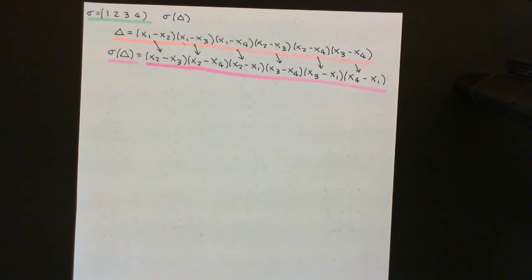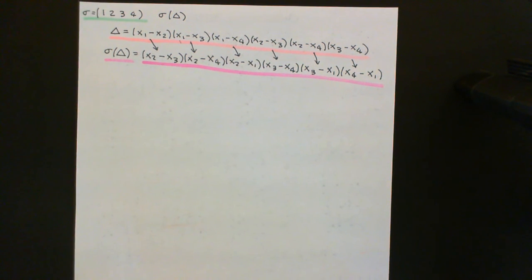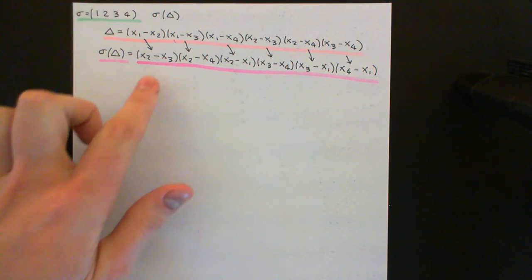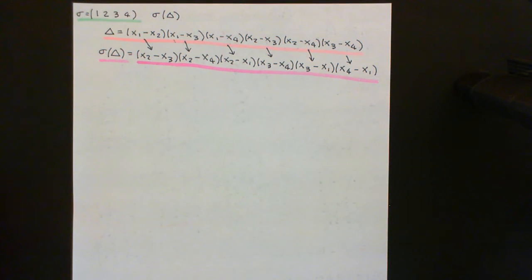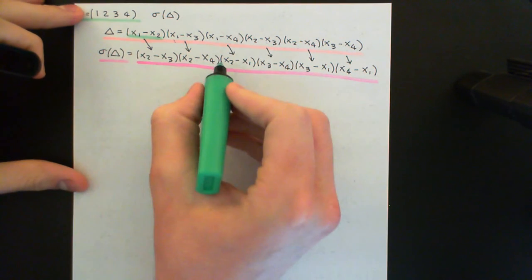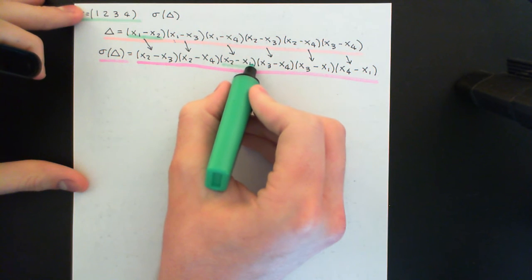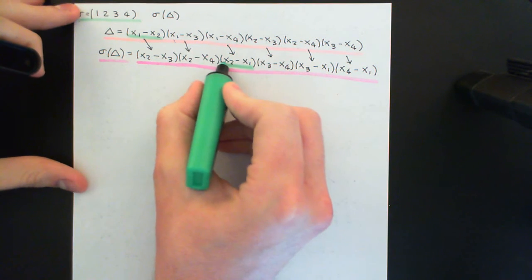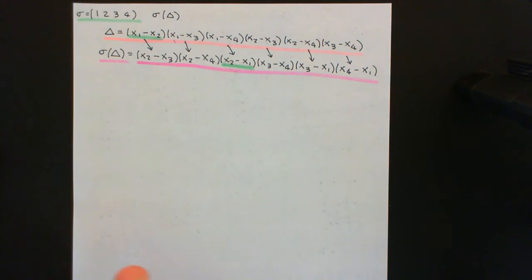Now, I claim that what we've ended up with here isn't actually that dissimilar from the polynomial we started with. In fact, it's going to be identical to the polynomial we started with, with a few little alterations. Okay, so let me show you this. If we look for this term here, x1 minus x2, can I find something that's very similar to it? Oh look, I can find x2 minus x1 here, just the negative of it.